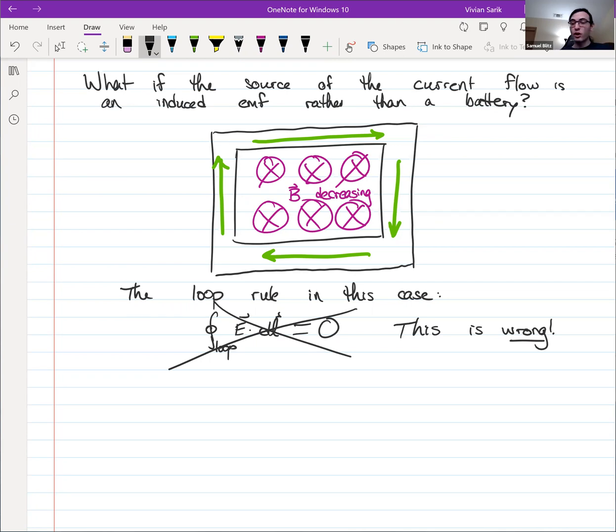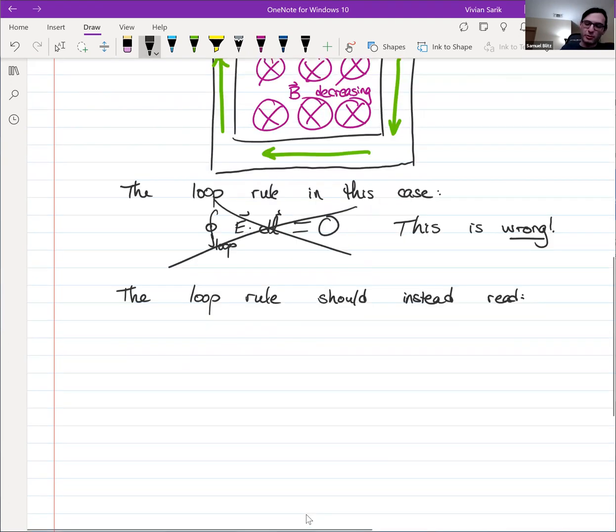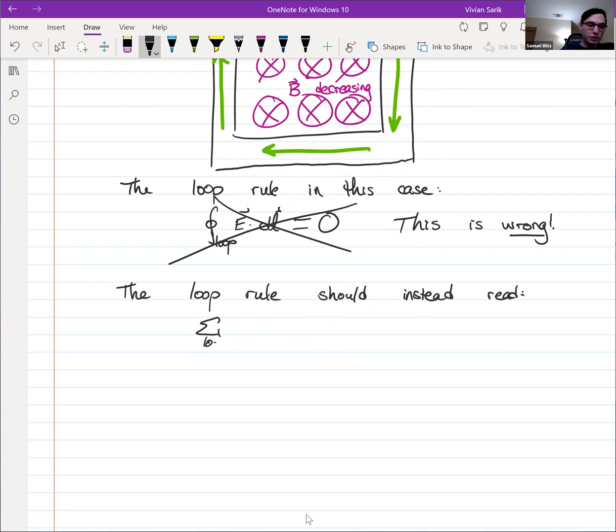So instead, as we've already established, and we did talk about this before, the loop rule should instead read: the sum over the loop of delta V should be equal to the rate of change of magnetic flux in the circuit.